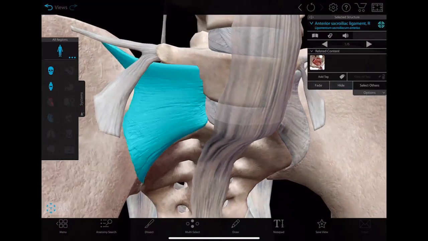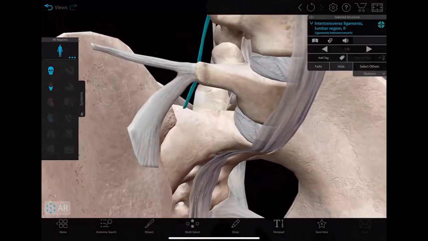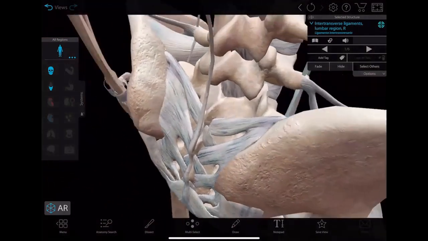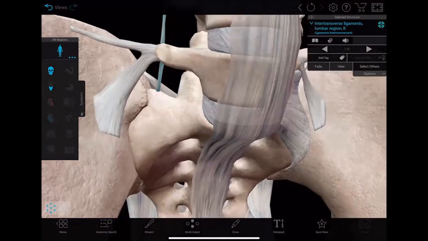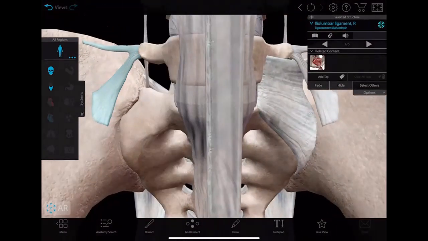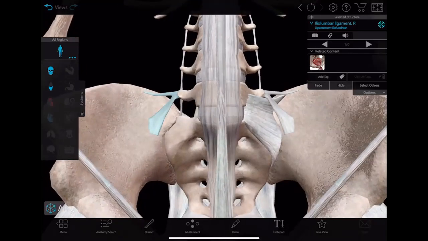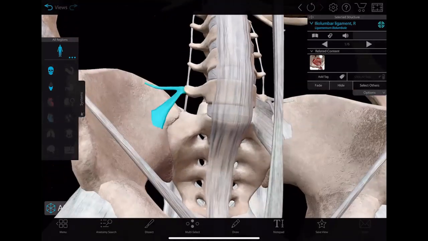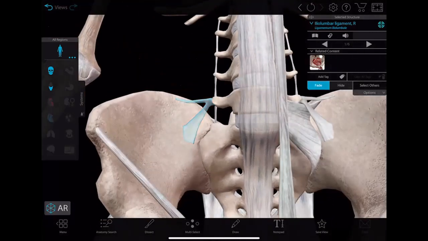This selected structure is the iliolumbar ligament. Actually, it's attached to the ala, right? Ala. Okay.